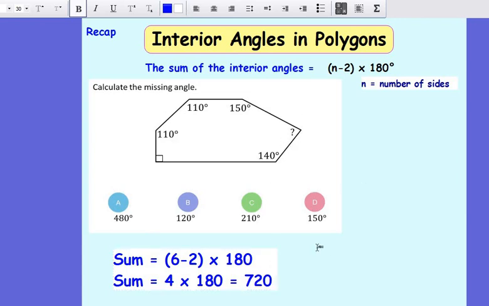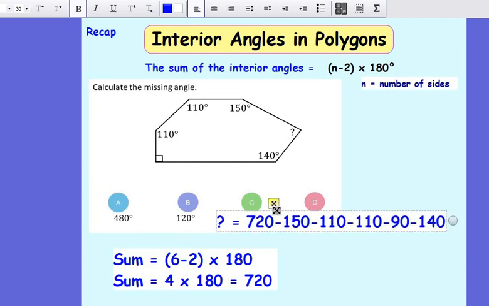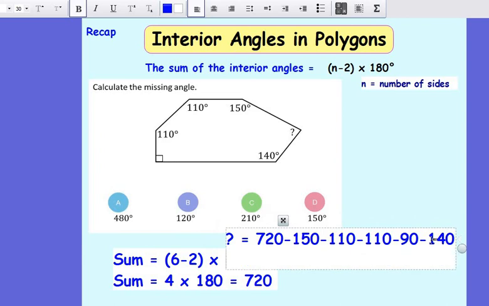I need to work out what the question mark is. So the question mark is 720, take away all those other angles. So 720, take away 150, take away 110, take away another 110, take away 90, take away 140, gone off the screen.